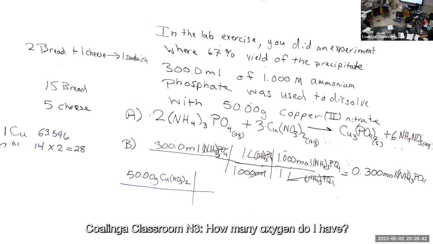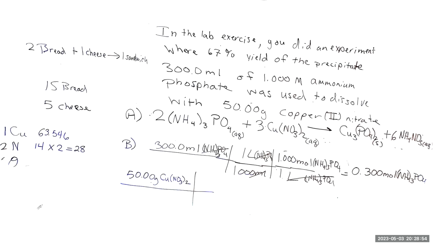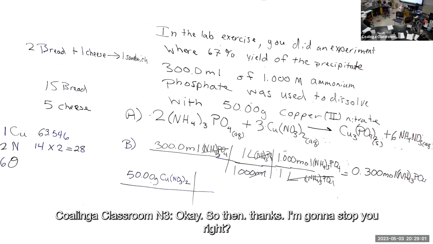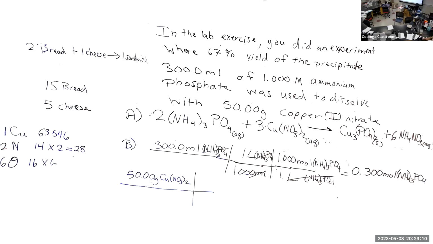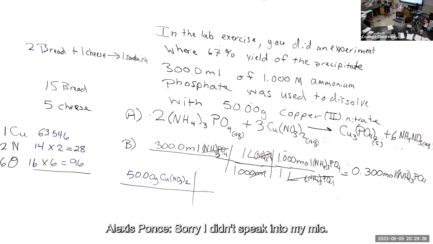How many oxygens do I have? 6. And how much does oxygen weigh? 16. 16 times 6 is 96.